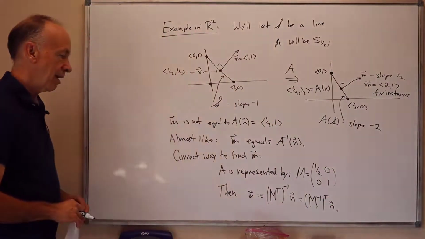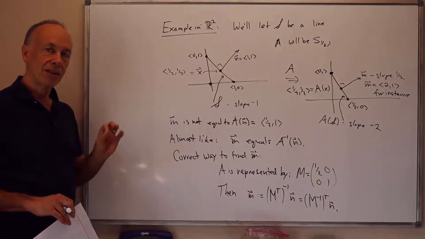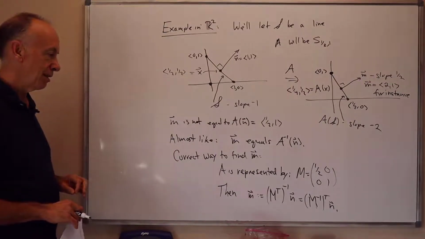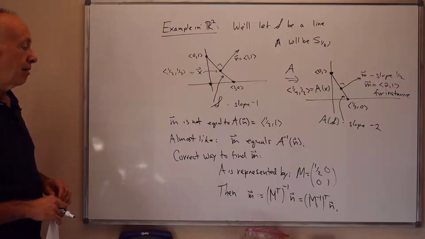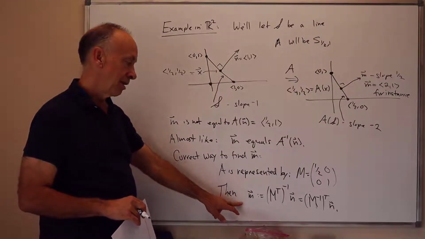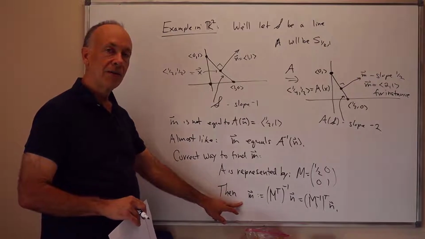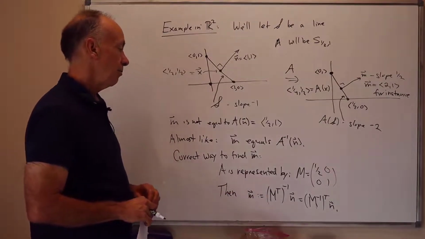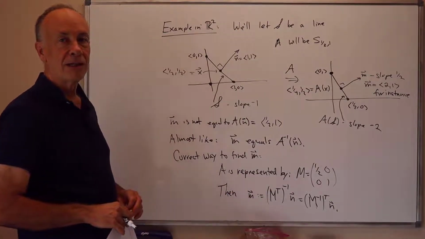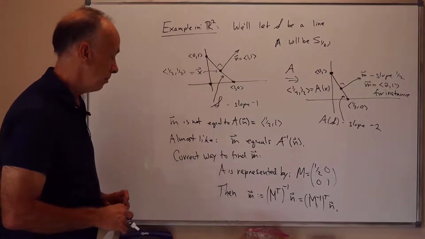It's easy to check that M transpose inverse is the same as M inverse transpose. You've hopefully seen that in a linear algebra class before. And this is the formula that we use to get a vector normal to the surface A of S at the point A of X. And we'll prove this in general in the next couple of boards.